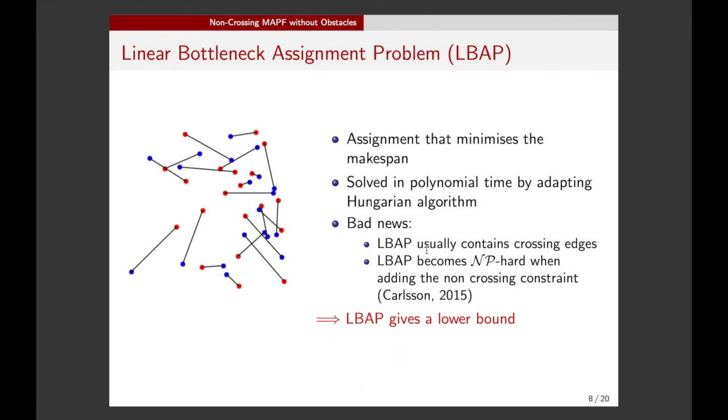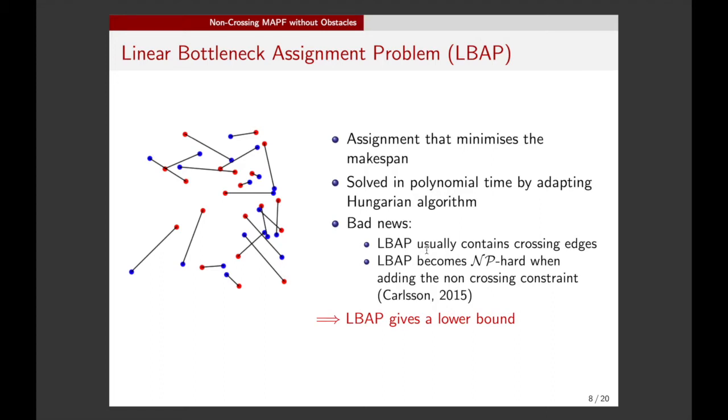Another interesting assignment problem is the linear bottleneck assignment problem, or LBAP. And the objective is to minimize the maximum cost of a selected edge in a matching. This is also the definition of makespan. It can also be solved in polynomial time by adapting the Hungarian algorithm.